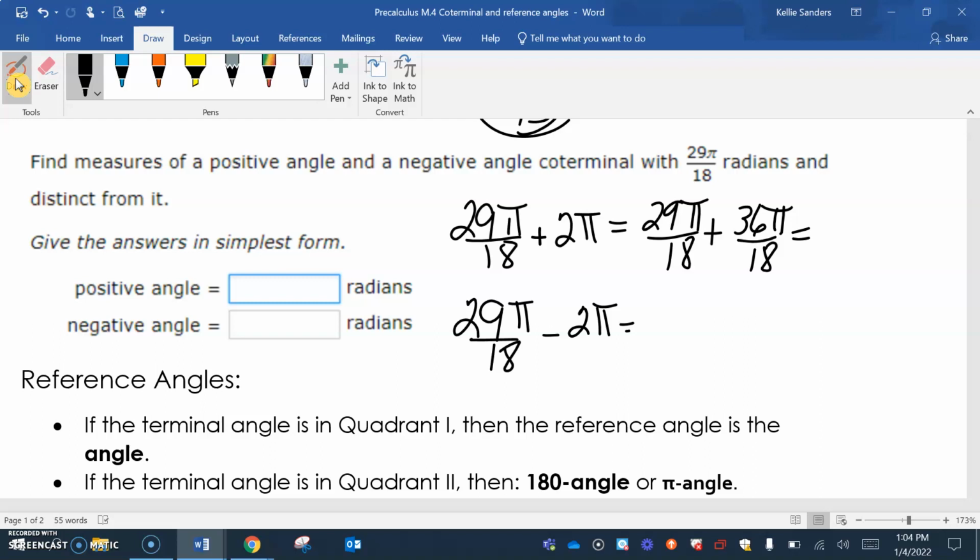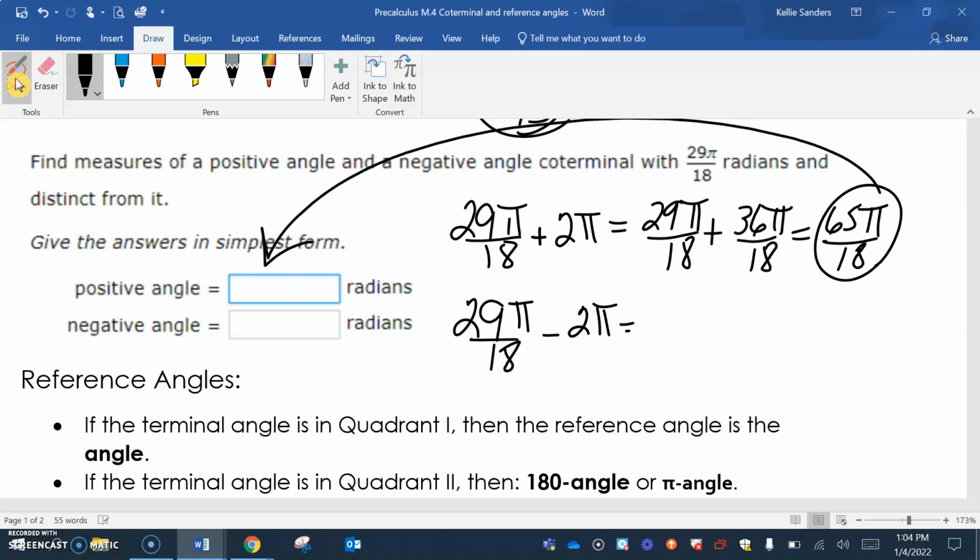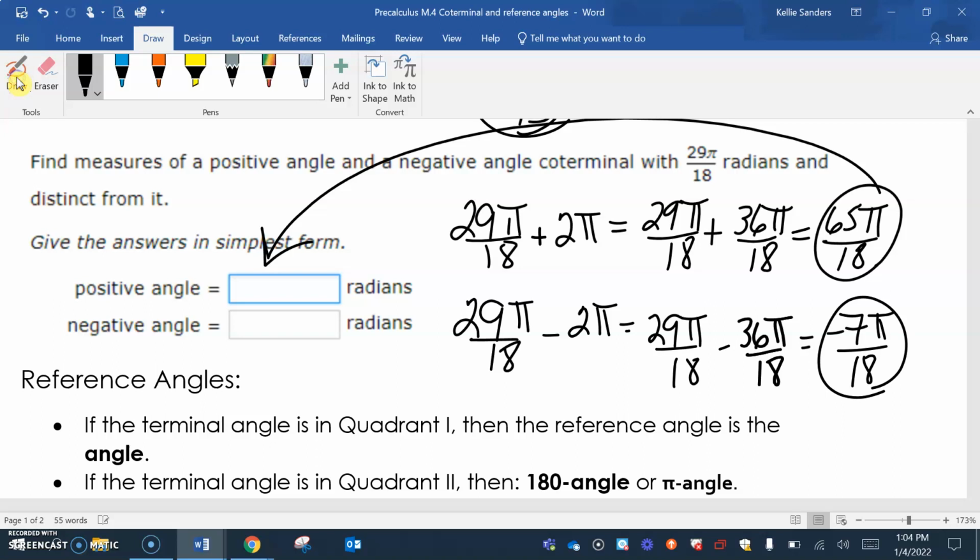And 29 plus 36 is 65. So that's going to go in this one because it's the positive one. 29 pi over 18 minus 36 pi over 18. 29 minus 36 is negative 7 pi over 18.